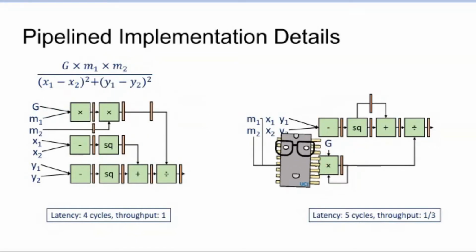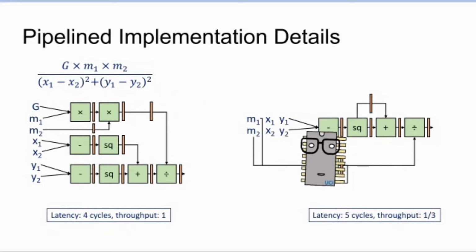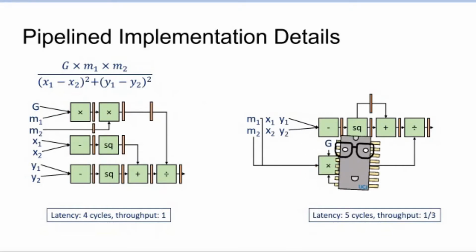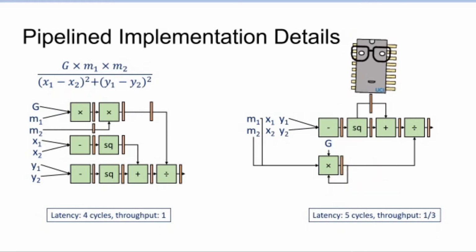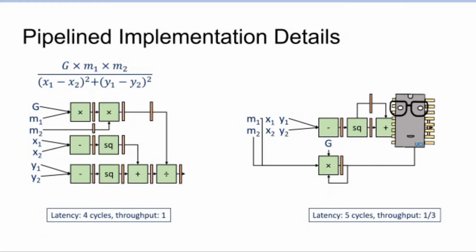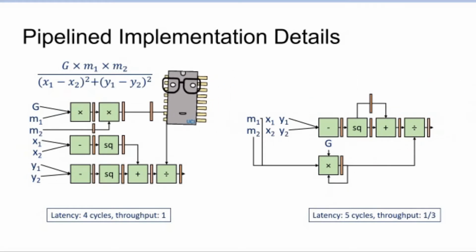So for x1 and y1 and y2 and x1 and x2, the subtraction and the squaring work the same. But once the square operator is done, the data can go into either this pipeline register or this pipeline register in a round robin fashion, so that one cycle later, you can add these two things together to get the bottom part of the divisor.